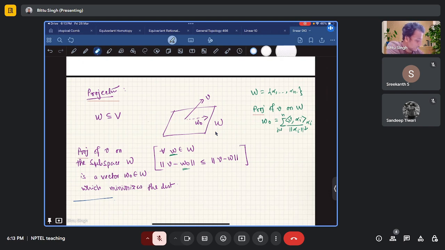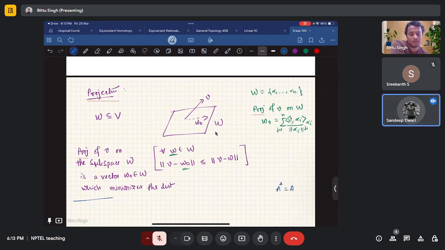I will explain why this is not orthogonal. Orthogonal projection has the property that it is always symmetric, that is, it satisfies A star equals A, it is self adjoint.